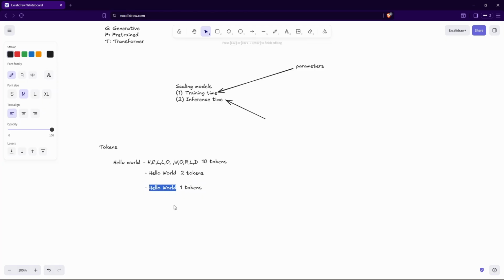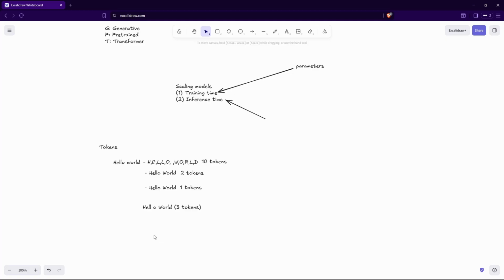Or maybe "hello world" can be split into "hel", "lo", and then "world", which would lead to 3 tokens. Because now we don't consider just full words. We can consider bits of words that can be mixed up together.